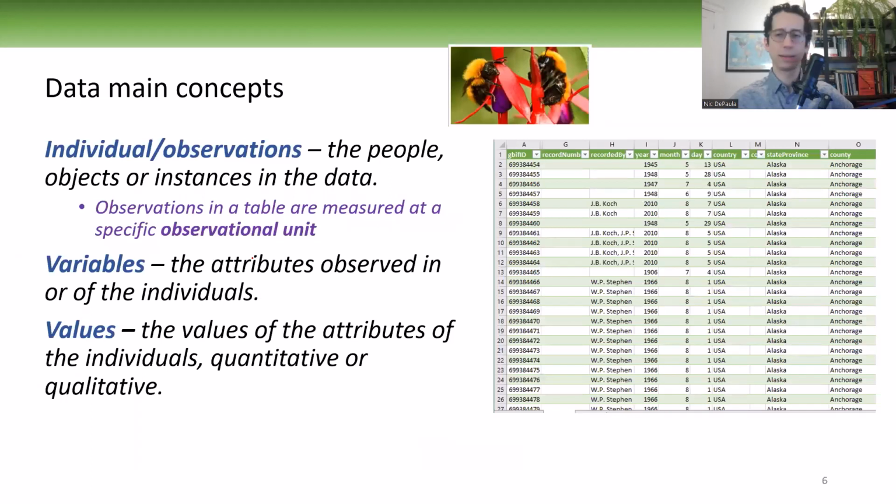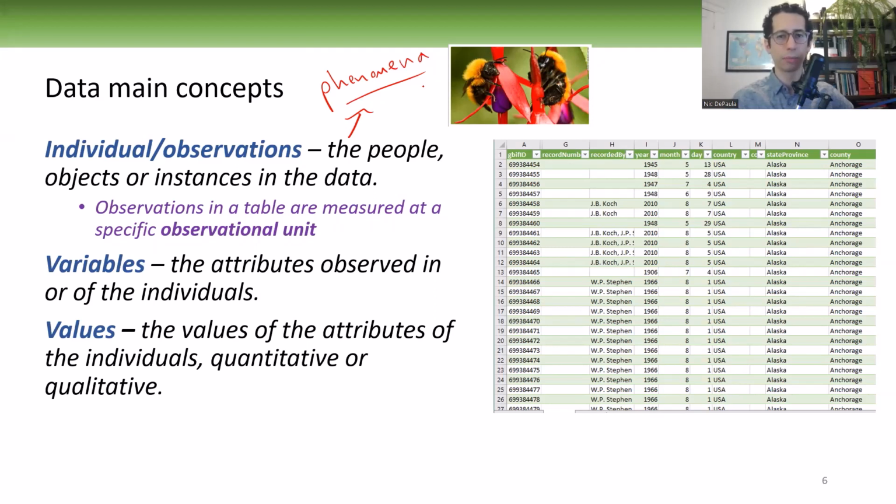There are some main concepts about data that we need to talk about. The first one is the notion of an individual, sometimes just called an observation, or sometimes called individual observations. And these are the people, objects, or instances. More broadly, I keep using this term, phenomena, just because phenomena refers to all the concrete or abstract things in the world.